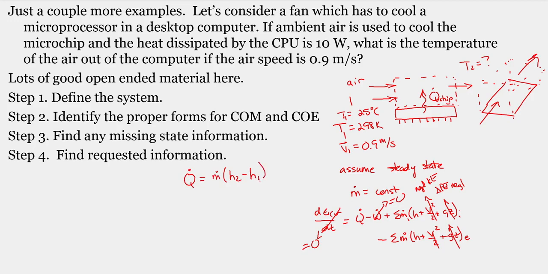Okay, do we have a fully defined entrance state? Well, we said the ambient temperature is about 298 Kelvin. We can also state that at the entrance state, the ambient pressure is about 1 atmosphere.